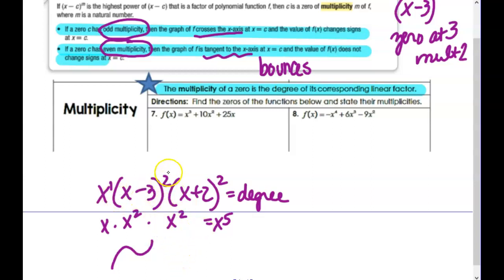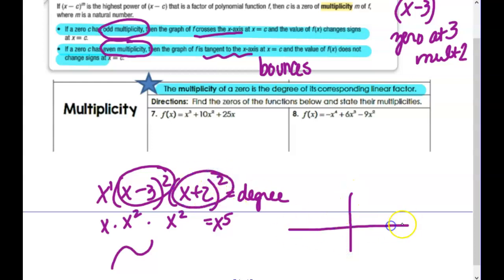But the fact that this is a 0 of multiplicity 2 and this is a 0 of multiplicity 2, we're going to spend more time on this, so you don't have to copy this example necessarily, but at 3 and at -2 and at 0, it has zeros. What it does, though, because this is squared, is it bounces here, and then it comes back and crosses, and then it bounces here, because that one is squared as well.